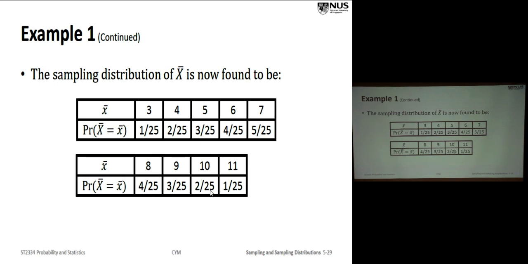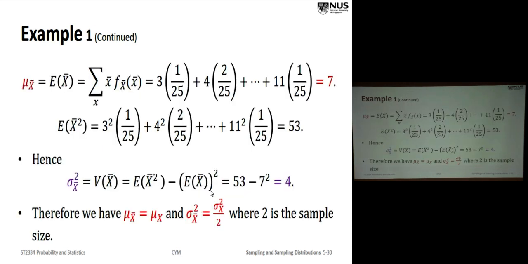So this is the sampling distribution of x bar, and we can compute the mean of x bar. This is pretty straightforward to compute. The mean of x bar is the sum over all possible values of x bar, actually this should be x bar, not x, by the way, times the probability mass function of x bar.